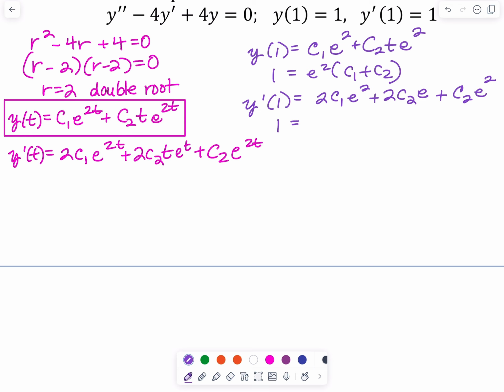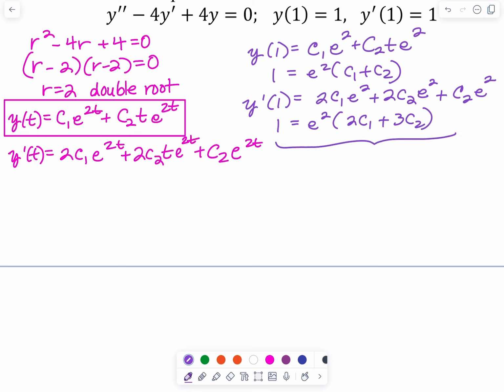And I can see right here that should have a 2t, which means this is going to have a square. And now we can gather our e squares as 2 c1 plus 3 c2.